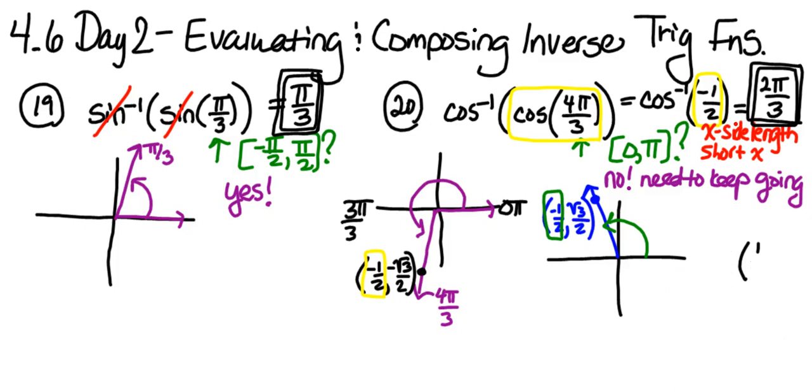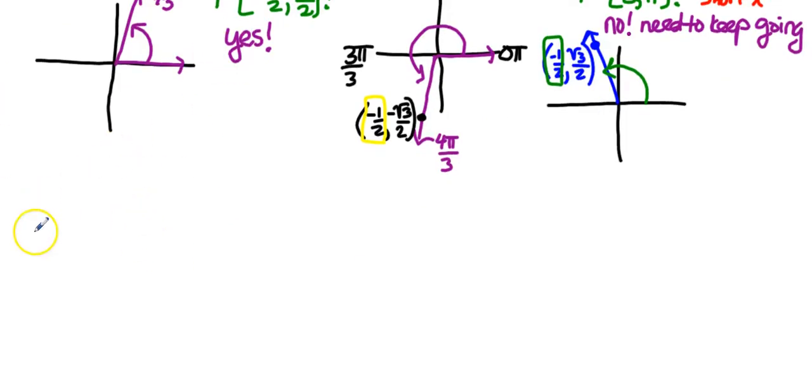20 is done. Let's now talk about 21, which says sine inverse of sine of 4 pi over 3.